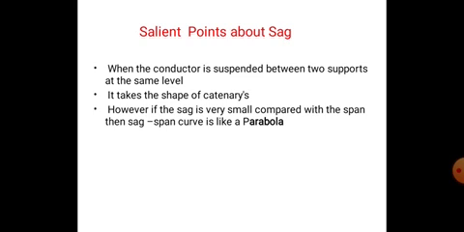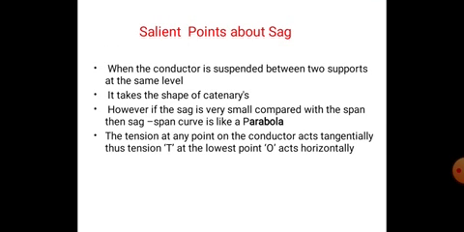However, if the sag is very small compared with the span, then the sag-span curve is like a parabola. The tension at any point on the conductor acts horizontally, tangentially. Thus, the tension T at the lowest point O acts horizontally.